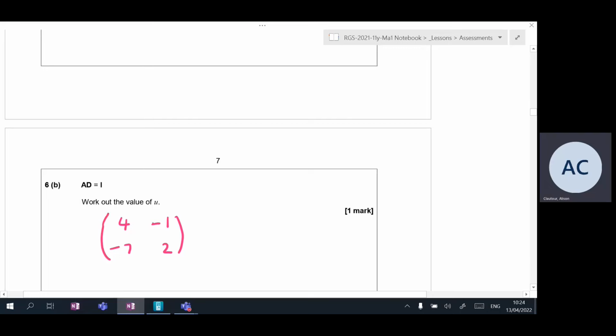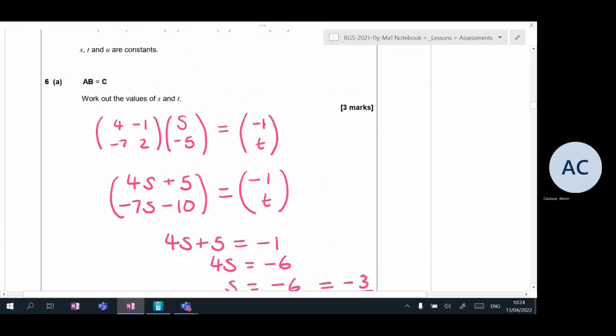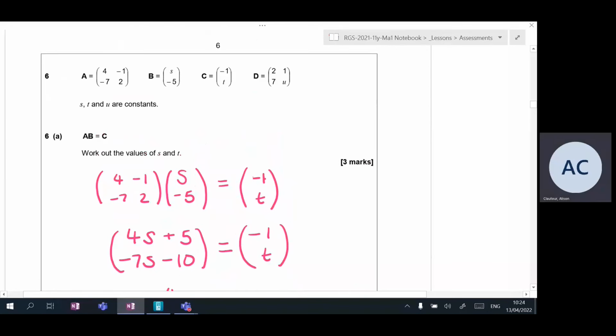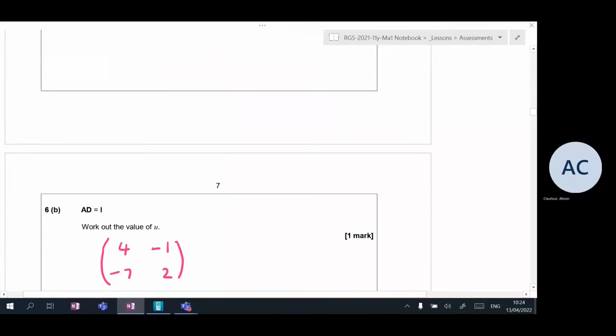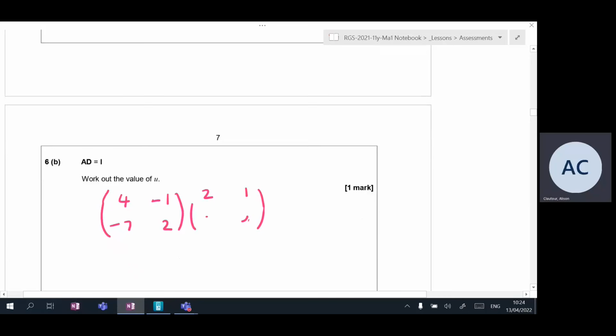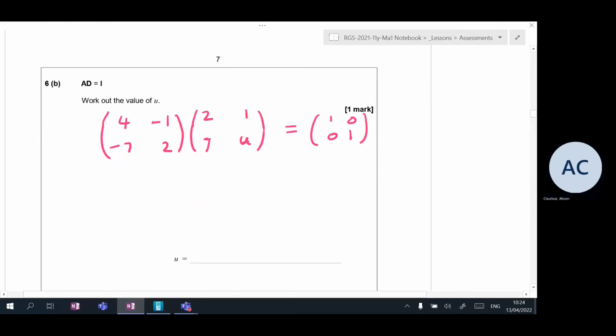So here's my matrix A. And D is 2, 1, 7, U. Okay, so I know when I multiply this together, I'm going to get the identity matrix, which remember is 1s down the leading diagonal, so 1, 0, 0, 1.